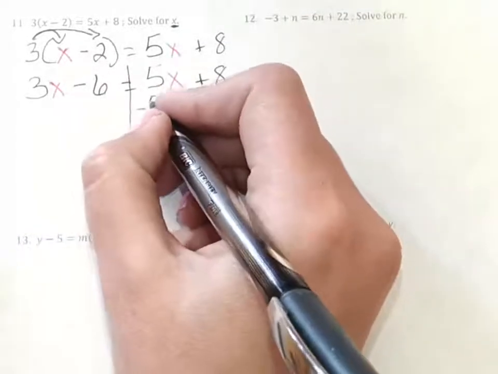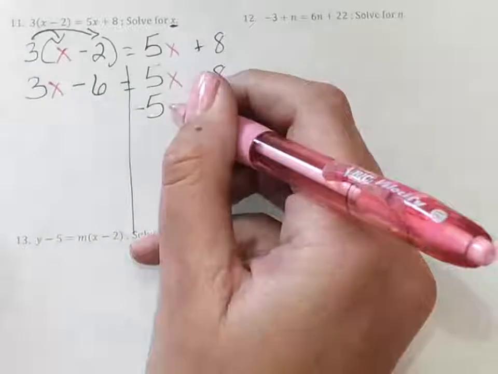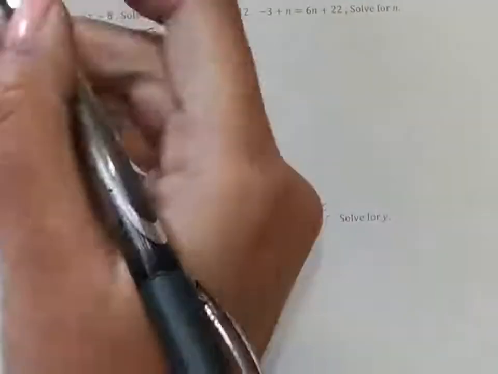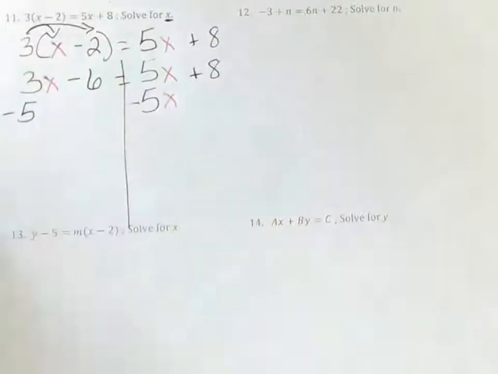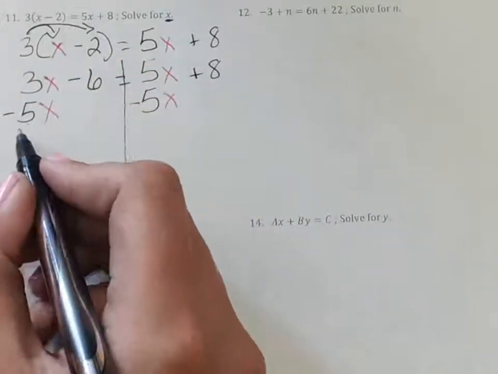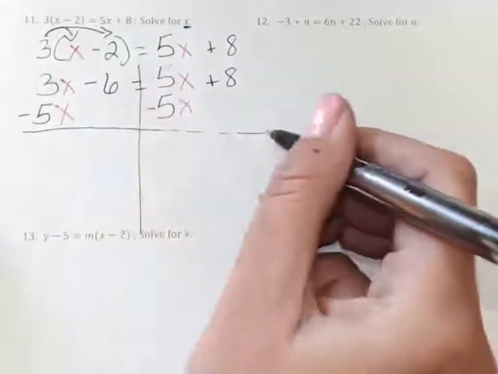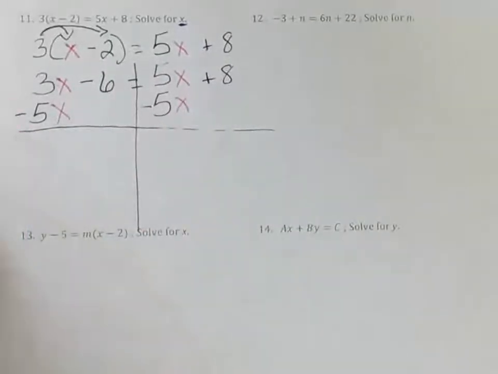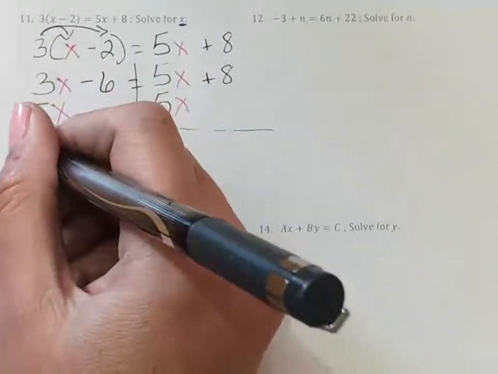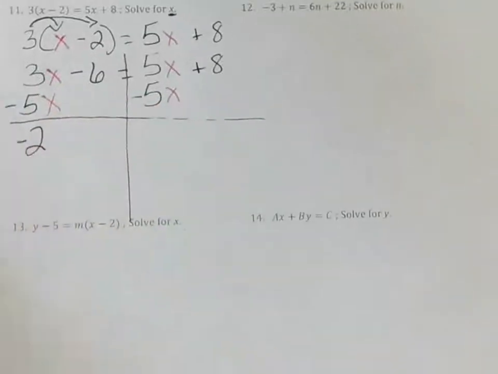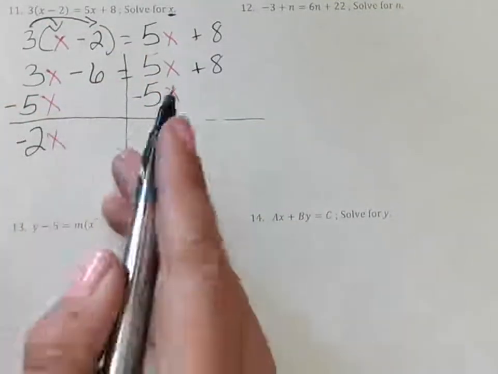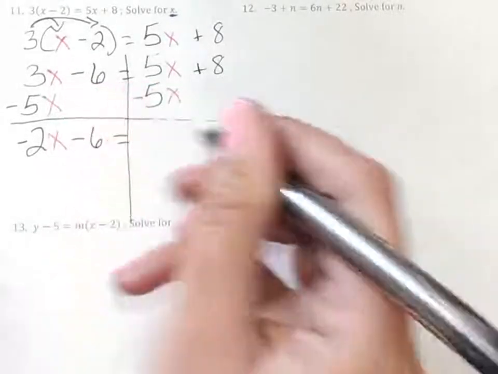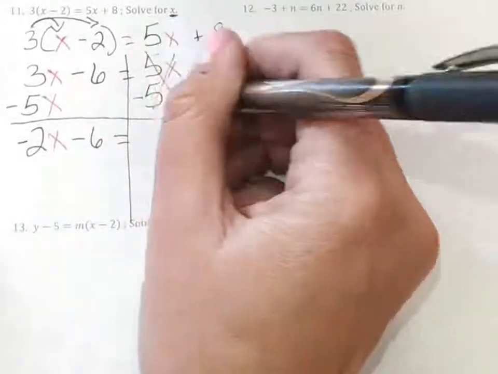So I'm going to subtract 5x from both sides. Subtract 5x. So then I have 3x minus 5x, which is negative 2x. And then I didn't do anything here, so just rewrite minus 6 equals, this is now gone, 8.